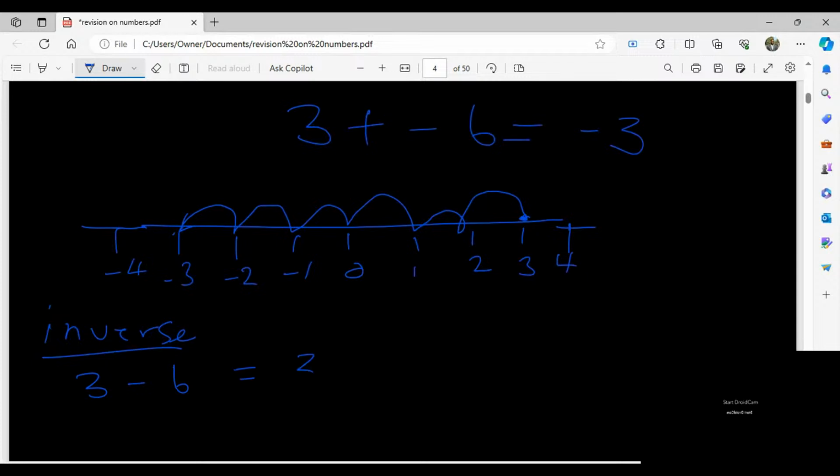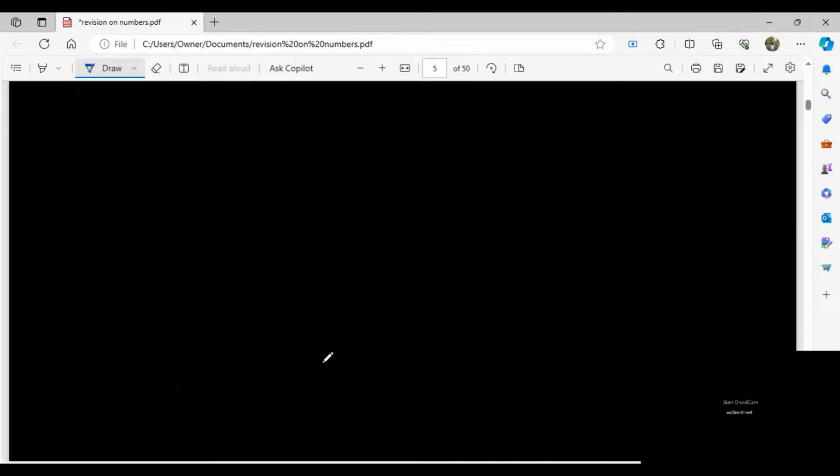It will be like 3 add the inverse of 6. So the inverse of +6 means that we're talking about the negative, and here we're going to move 6 places to the left like we did here. All right, so we shall not waste more time here. Let's move on.